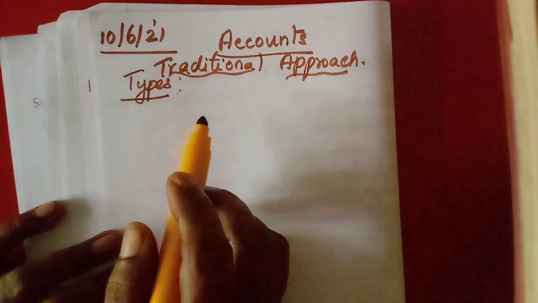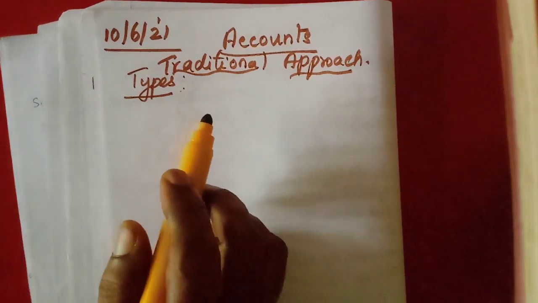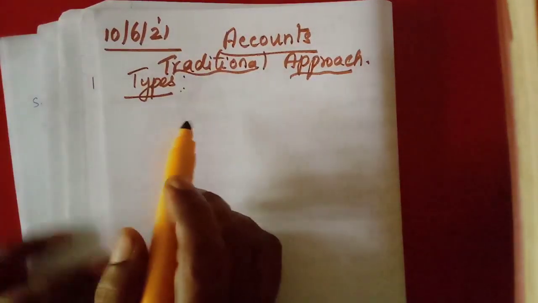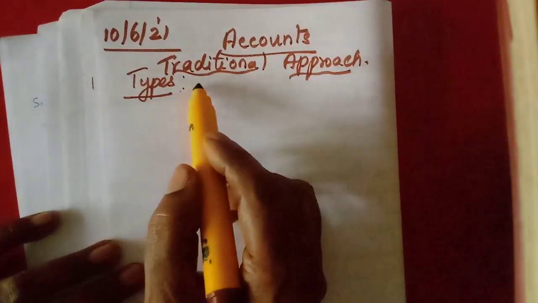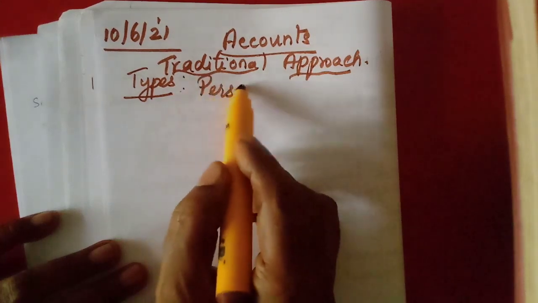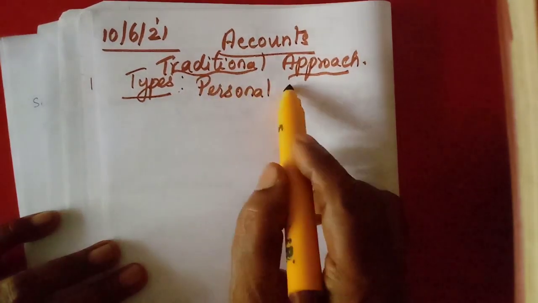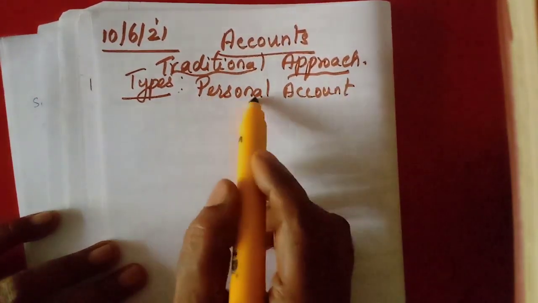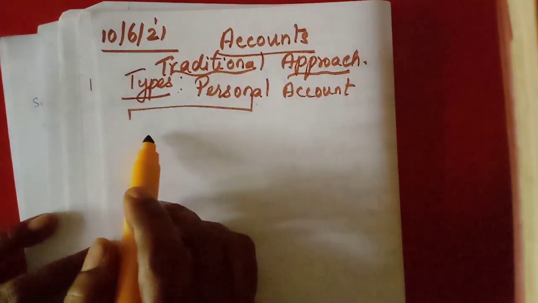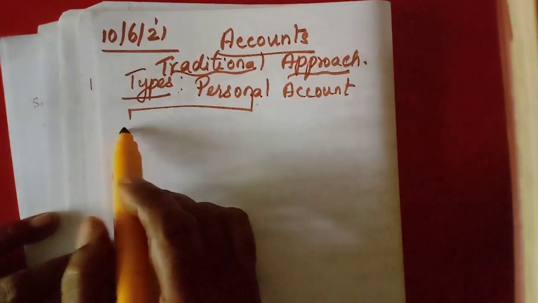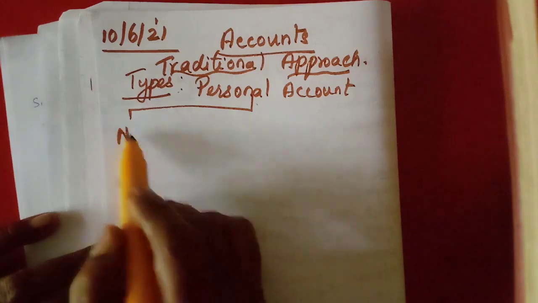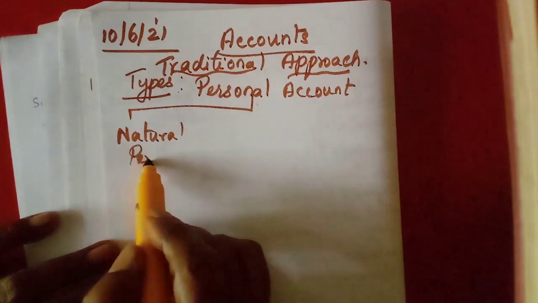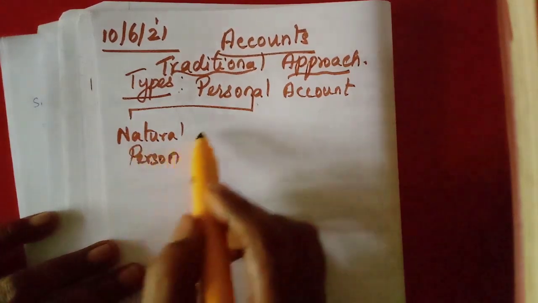Here, the main types: all the accounts are divided into two heads. The first one is personal account and the other one is impersonal account. This personal account is again divided into three: natural person's account, artificial person, and representative personal account.